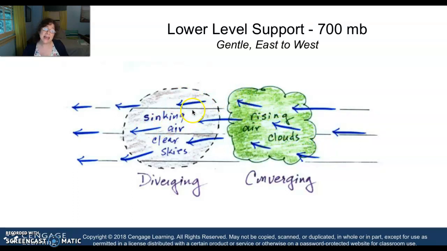And then you have diverging air that is sinking from that 700 millibar level, and then it is diverging out at the surface for a little surface high, not a lot of surface high, clearer air in front of it.